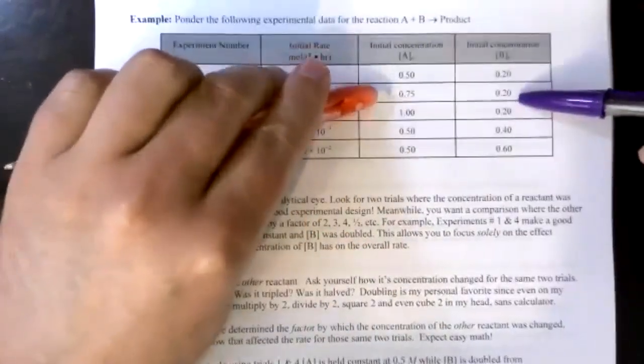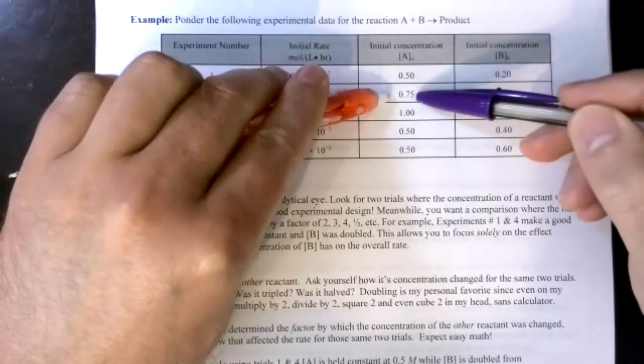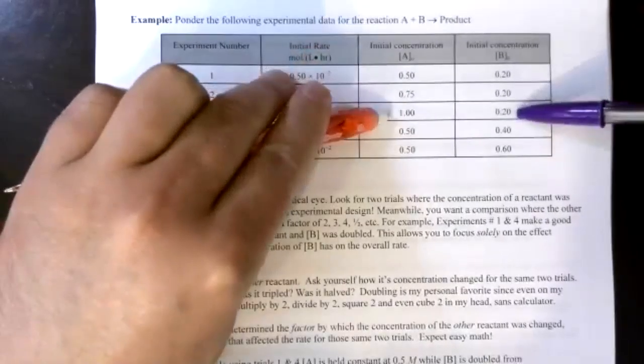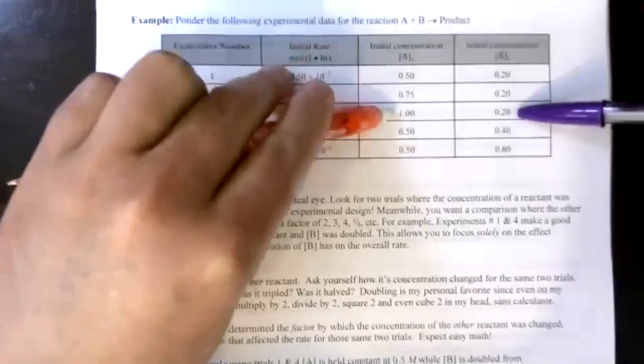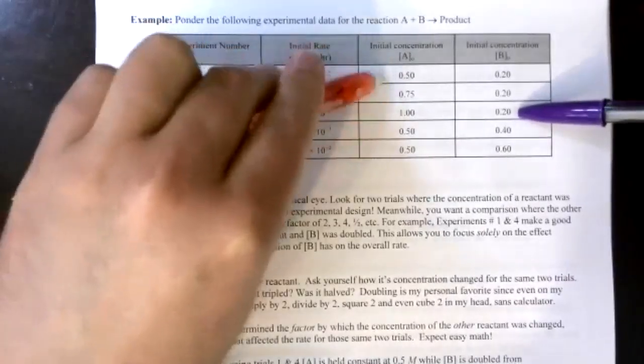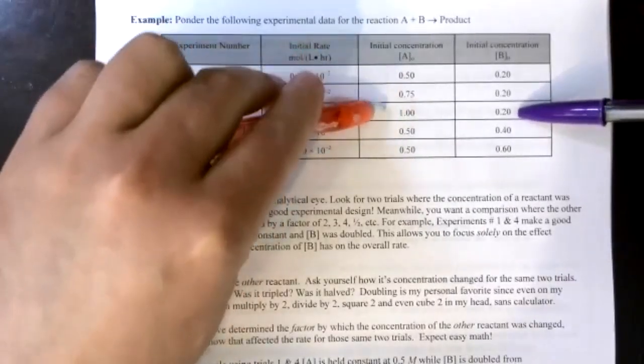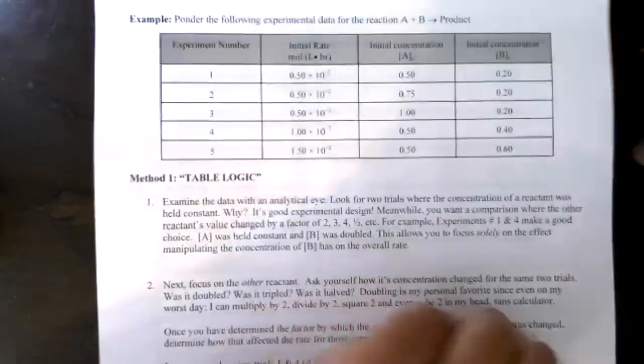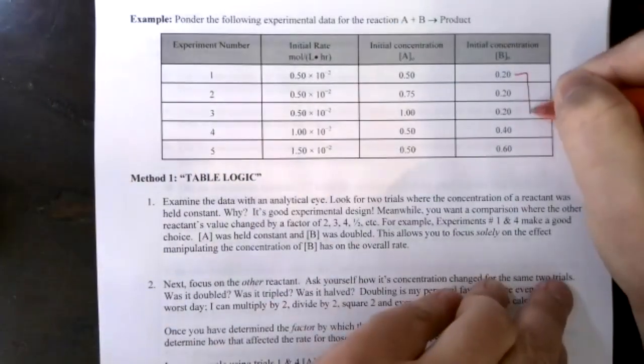That change is going up by 0.25. I'm probably going to choose this third one, because this is constant and this is doubling. And that's easier math for me to do in my head or on paper than dealing with that other situation. Okay, so let's deal with something constant.